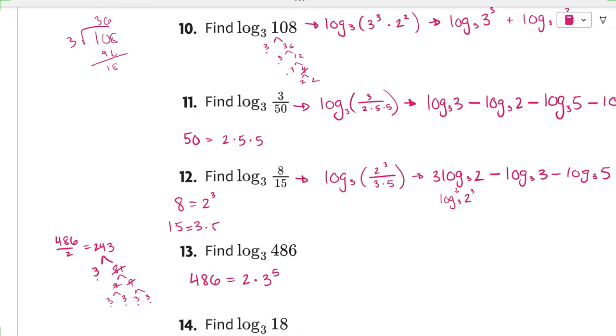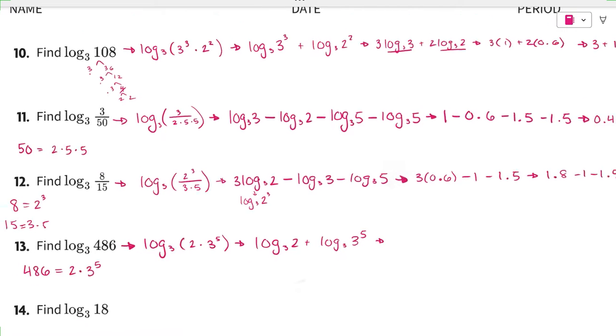So if we know which numbers to check and test, it goes a little faster. So this becomes log base 3 of 2 times 3 to the 5th. So we get log base 3 of 2 plus log base 3 of 3 to the 5th.